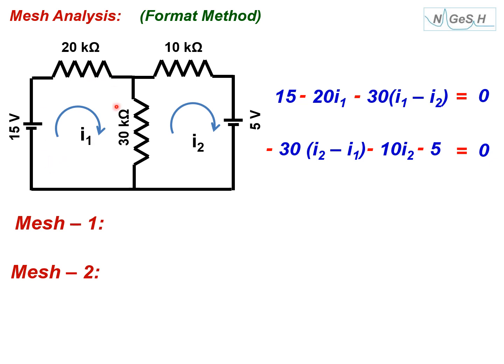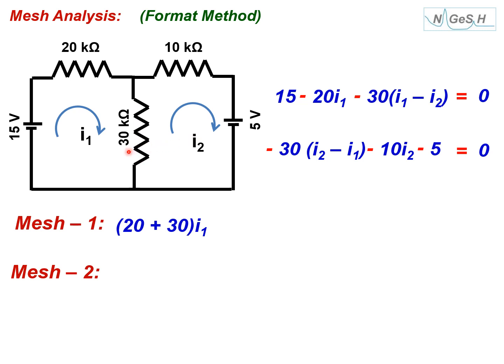You see this mesh, I1. I1 is flowing through 20 kilo ohm and 30 kilo ohm, right? So 20 plus 30 into I1. You have to see I1 is going through which elements. All elements you have to put here. 20 plus 30 I1. And are there any other currents flowing through this mesh? Here, no other currents are flowing. And here, yes, there is I2 flowing.